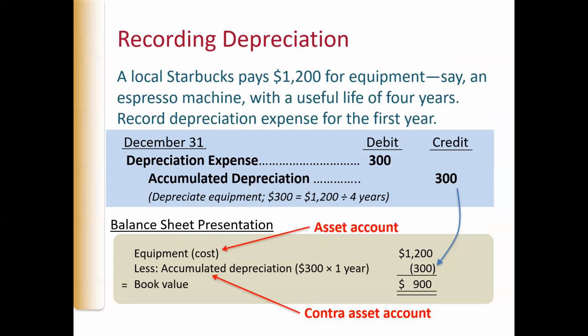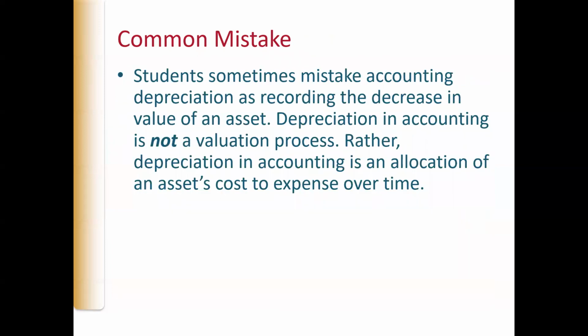So after the first year, on the balance sheet, we'll show our $1,200 machine, but will less this contra account, the $300 in accumulated depreciation, to show a true net asset book value of $900.